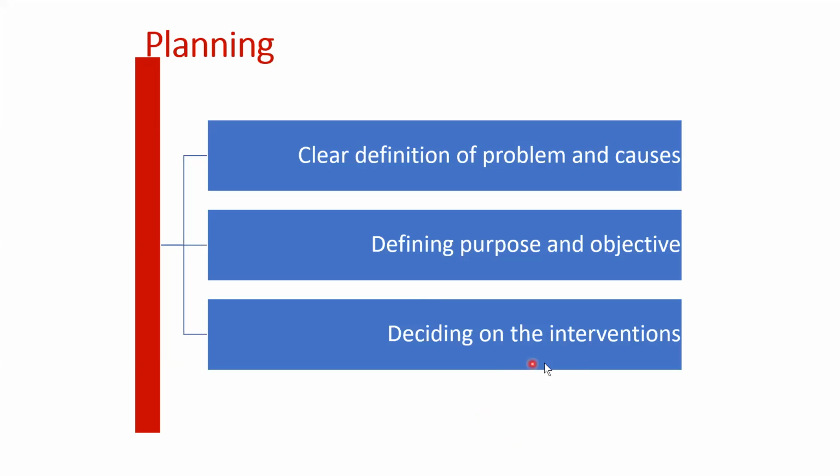And then you decide the intervention, that what you can do. कि अगर कोई प्रॉब्लम एग्जिस्ट कर रहा है, उसके काजेस भी हैं, आपके पास एक क्लियर ऑब्जेक्टिव भी है और आपके पास एक पर्पस भी है, तो उसके बाद अगर आपके पास कोई इफेक्टिव इंटरवेंशंस नहीं है तो देन यू आर ब्लॉक्ड हियर. सो जब आपके पास ये दोनों चीजें क्लियर होंगी देन यू कैन डिसाइड दैट व्हिच काइंड ऑफ इंटरवेंशन यू कैन गो फॉर. सो दिस इज प्लानिंग.